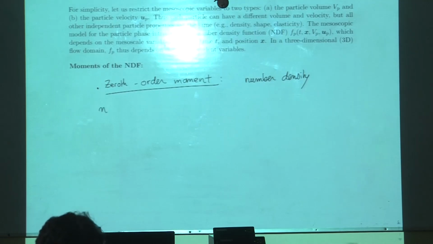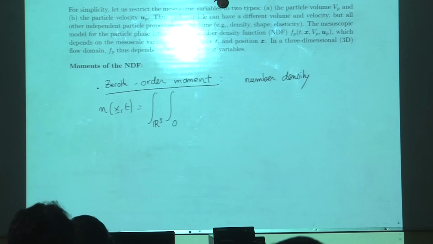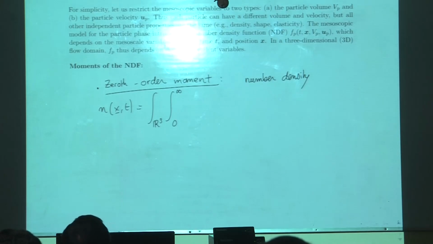Okay, so my n of x and t is going to be the integral over all possible velocities, which should belong in R cubed entirely, all possible volumes, which should belong to the range 0 to plus infinity, of my number density function at x and t, which is a function of the statistical variables v sub p and u sub p, that I integrate over vp and over up.